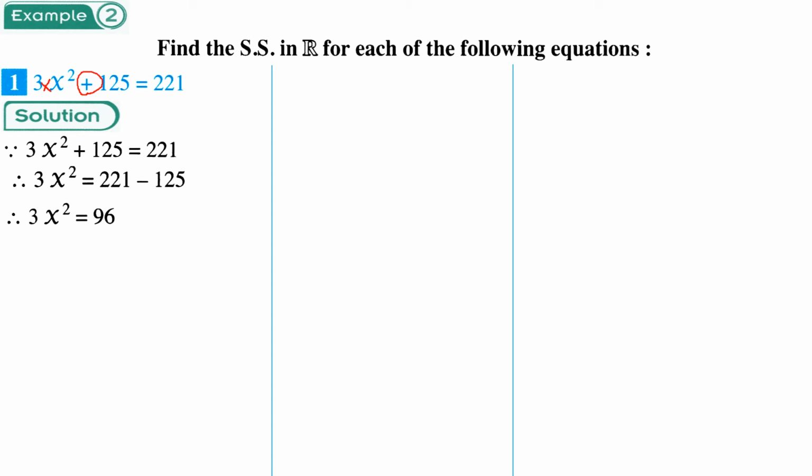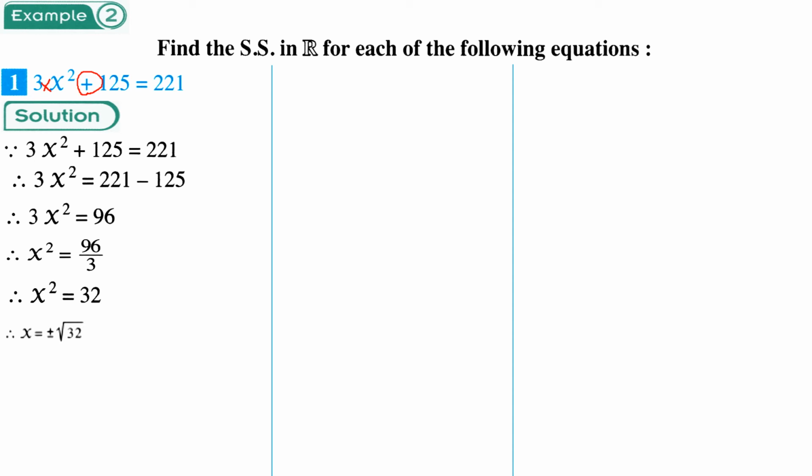After that, we will use the inverse operation of multiplication, which is division. So we'll divide both sides by 3. Now we will use the inverse operation of the power, which is root. So x equals positive or negative square root of 32.